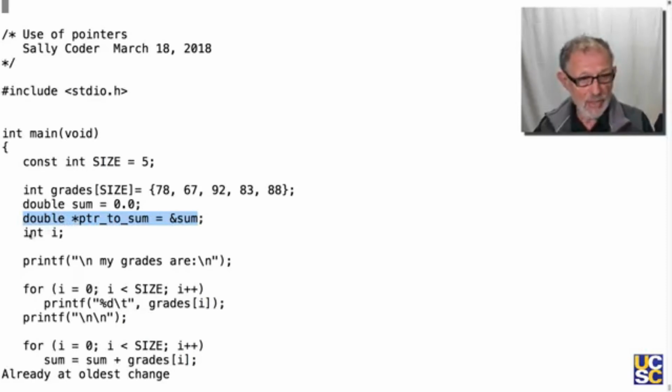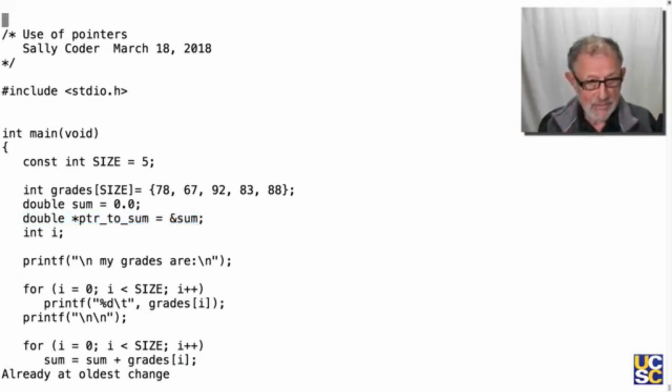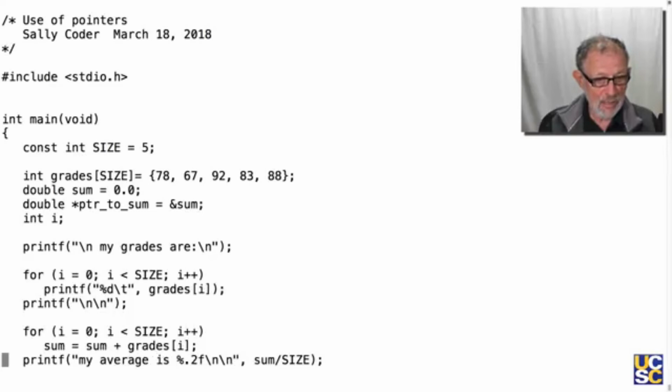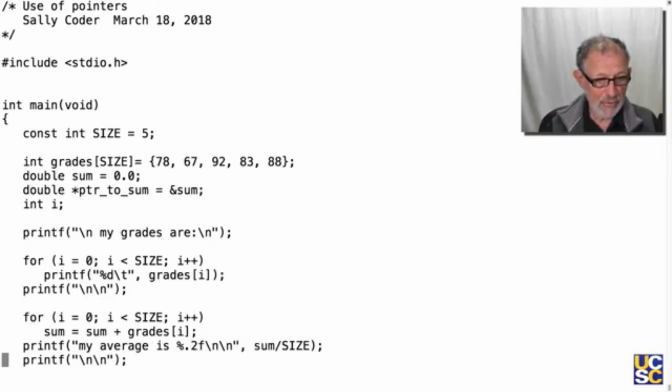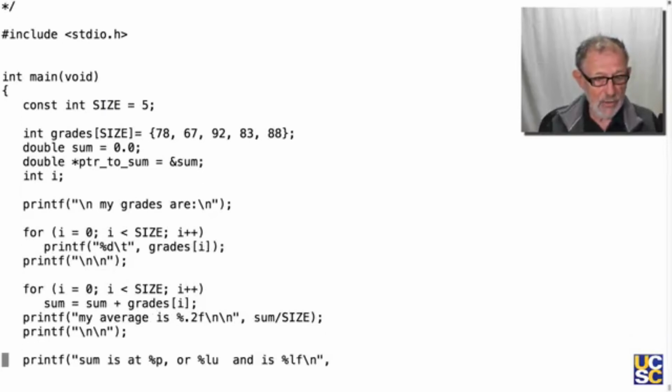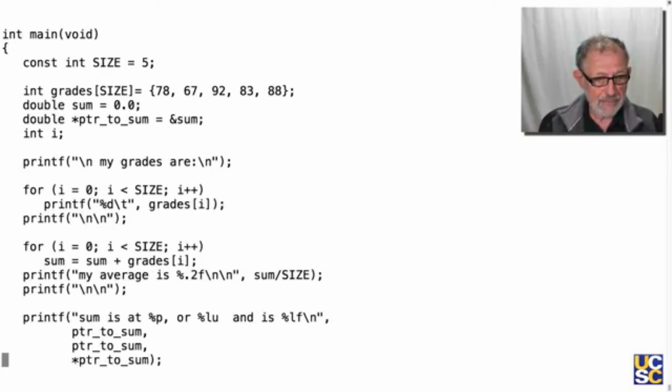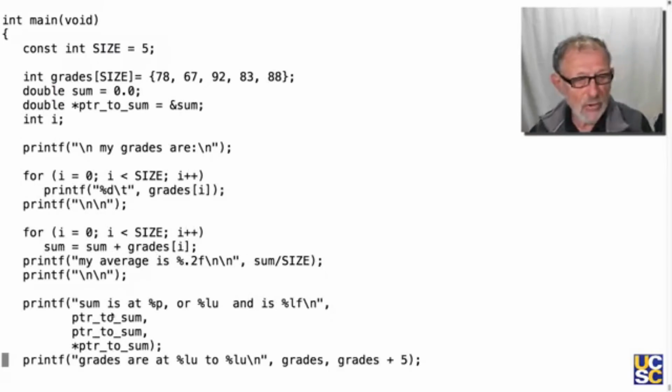Here's an ordinary variable, int i, and then we do the same thing we did before, which is calculate the grades, printing them out first, and then summing them, and then printing the average. And after that, we're going to look at where all of these variables are located.